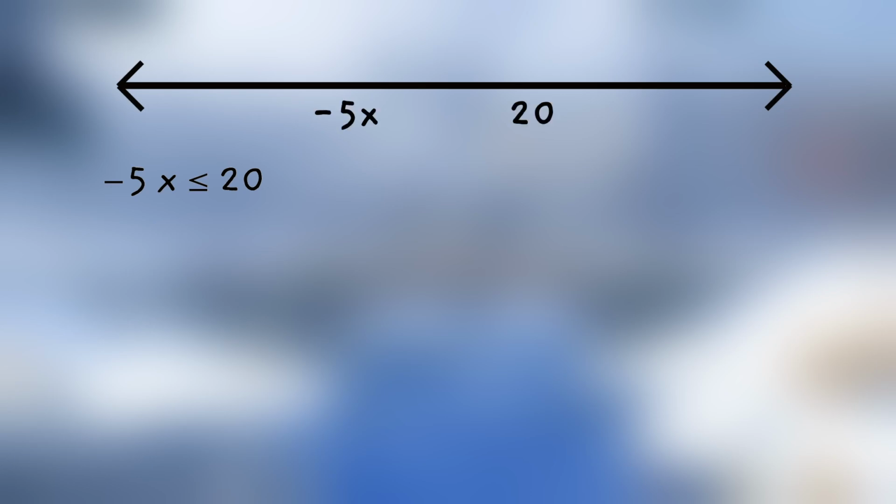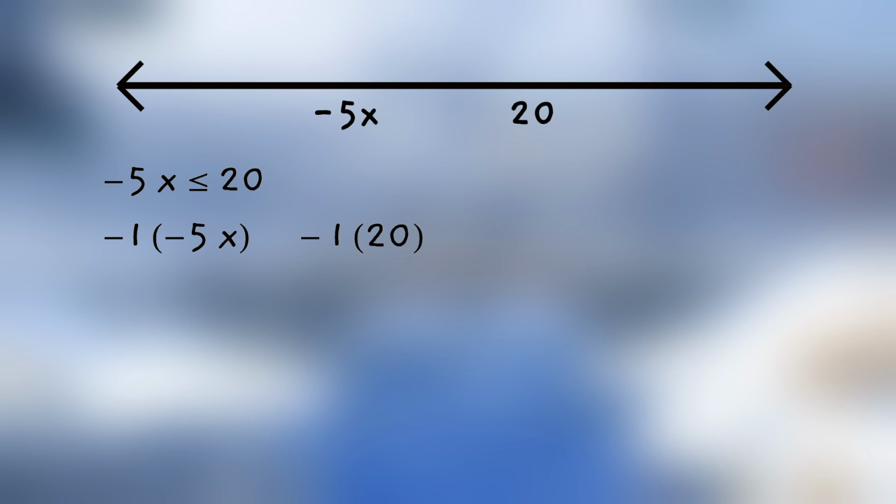the left of 20. Now, if we multiply both sides by -1, let's say we multiply -5x by -1, and we multiply 20 by -1. What we saw with the example of -5 and -2 is when you multiply numbers by -1, you're flipping it about the origin, about the number 0.